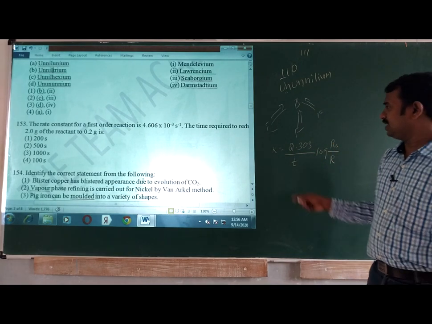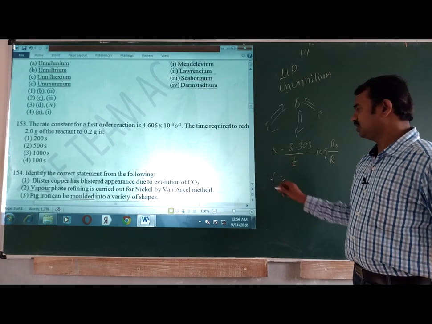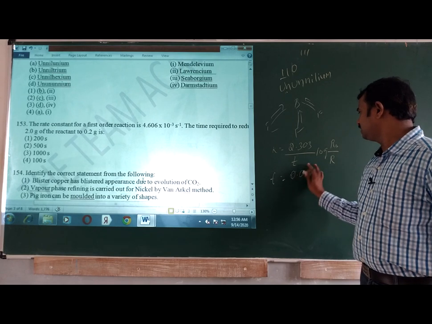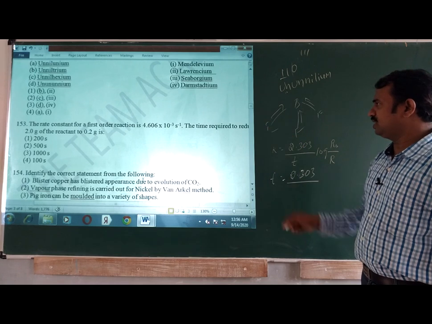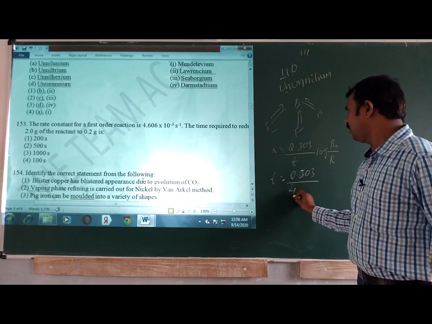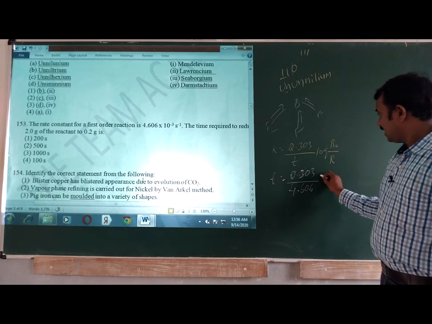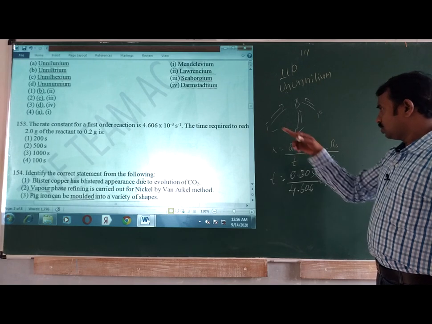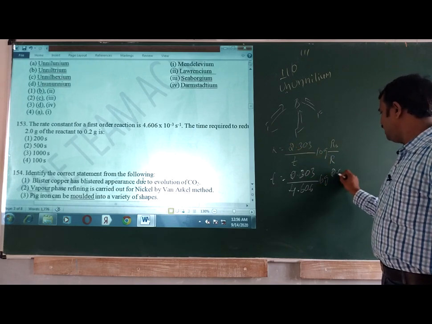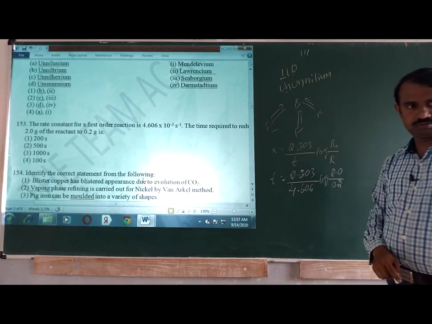Okay, they are given K value, T equals to 2.303 divided by what is the K value, 4.606, log, initial concentration is 2.0 divided by 0.2.